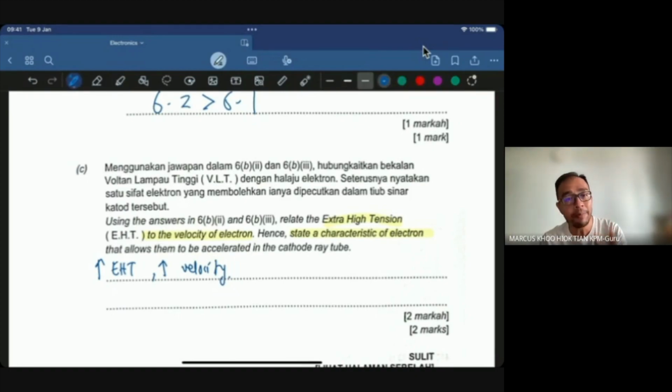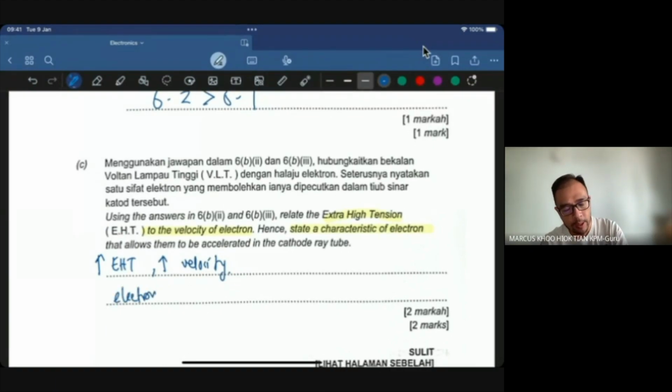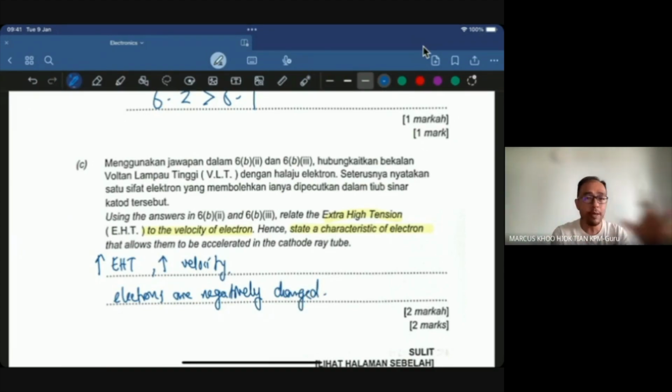No matter what happens, if they ask for a characteristic of electron, the most important characteristic of the electron is that electrons are negatively charged. Very important characteristic across the board.